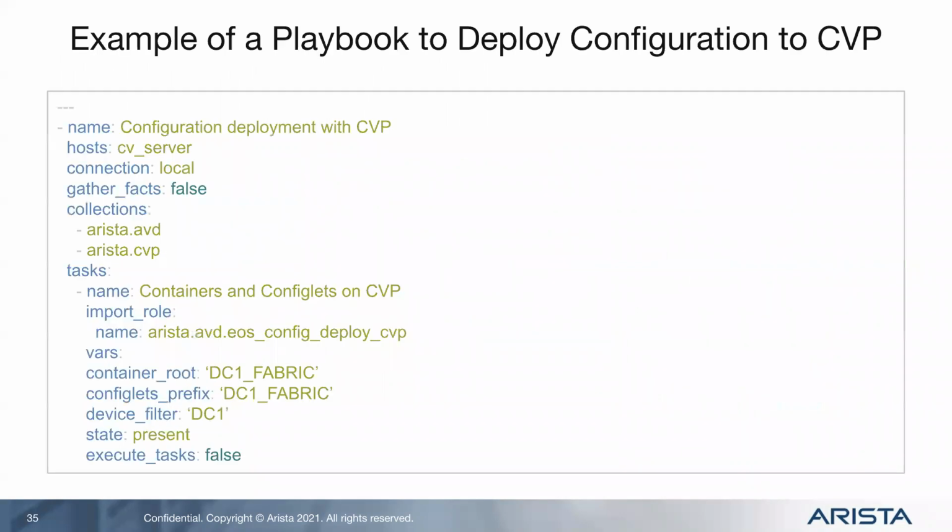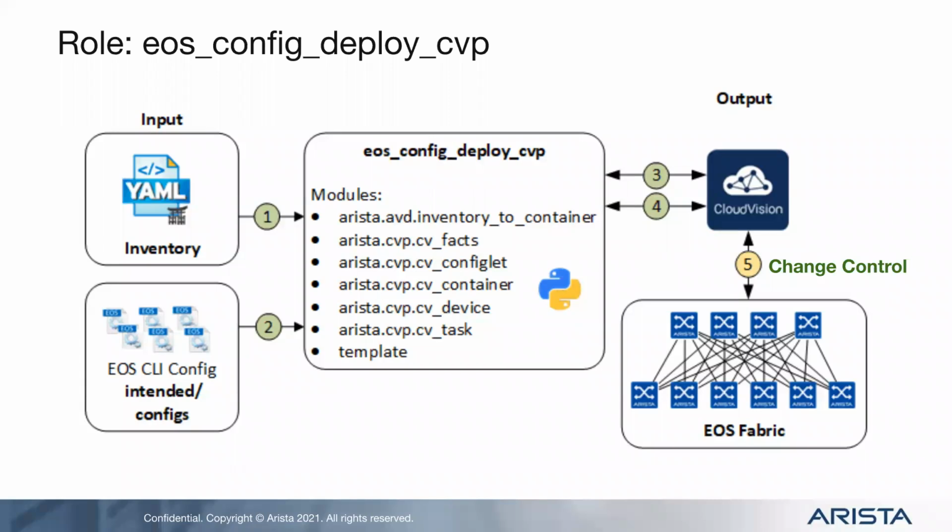So the Ansible AVD inventory to container module just creates the containers on the CVP based on our design. Or let's say there is already a mapping for some of the devices and I'm changing or adding some devices, will it just look through the CVP containers to make sure that the containers are how they should be?